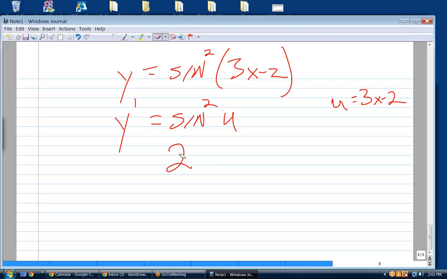Okay, let's go one step further here. We've got two insides here. The 3x minus 2 is an inside, and I'm going to let z equal sine u. So what I really have here is y equals z squared, right? Yes.